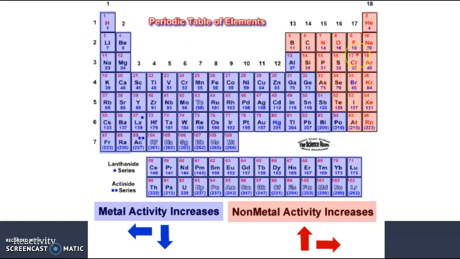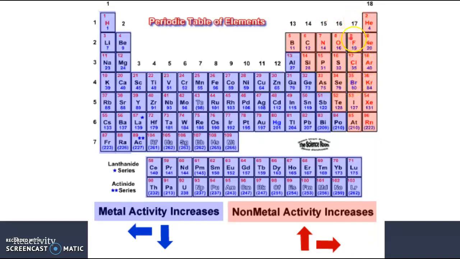For nonmetals, just think of it, as long as you know one of them, you'll be able to figure out the other one. That is the opposite. It increases as you go up. So krypton here is more reactive than neon, which these are bad examples because they're noble gases, but bromine is more reactive than fluorine. And it also increases as you go this way.